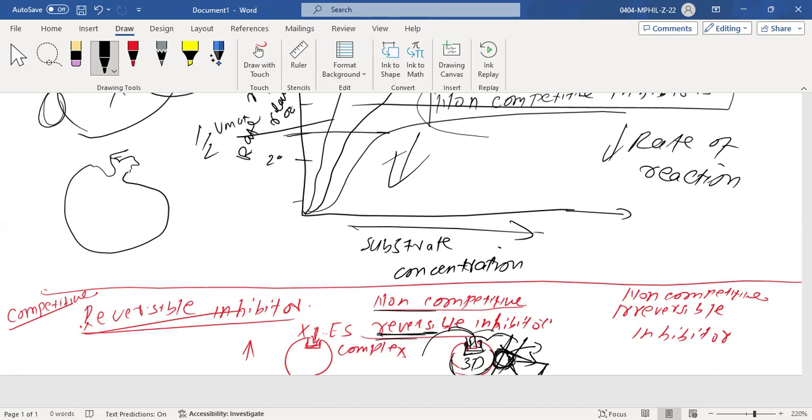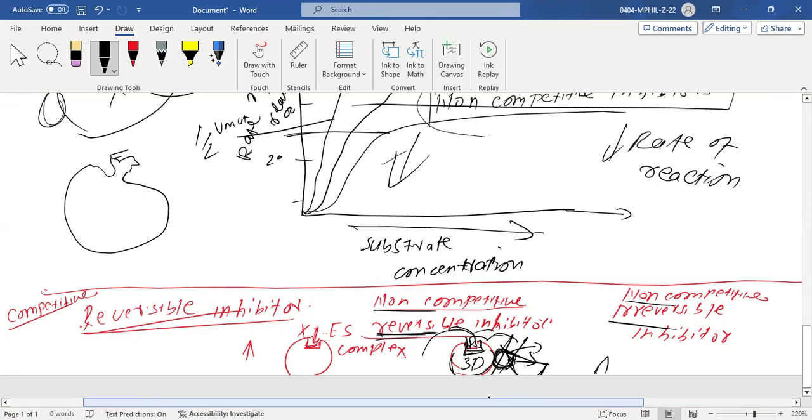Now you will understand this concept here. Non-competitive but irreversible inhibitor. What do you mean by this? It means that, for instance, certain chemicals like metallic ions, when they attach, cause the protein to precipitate.